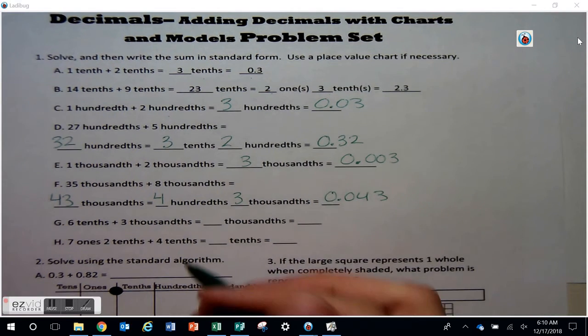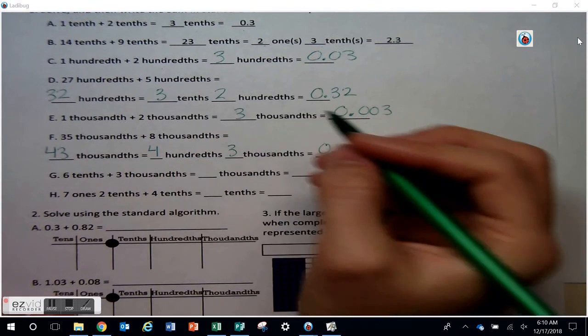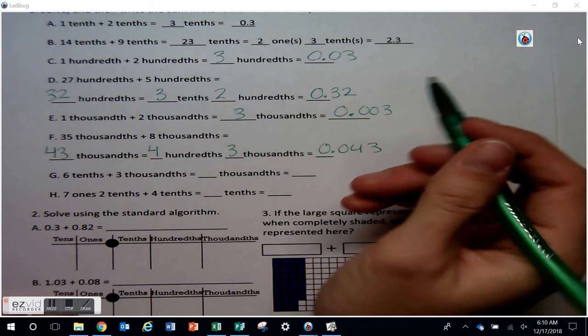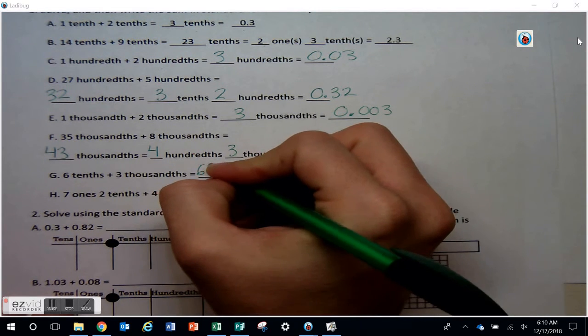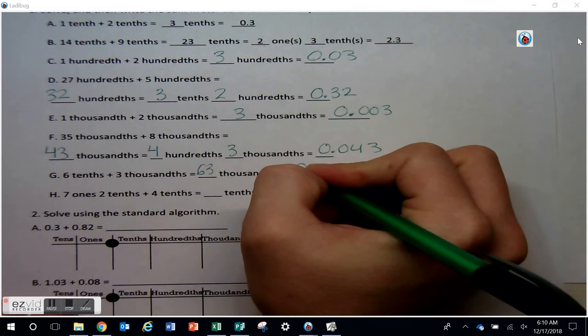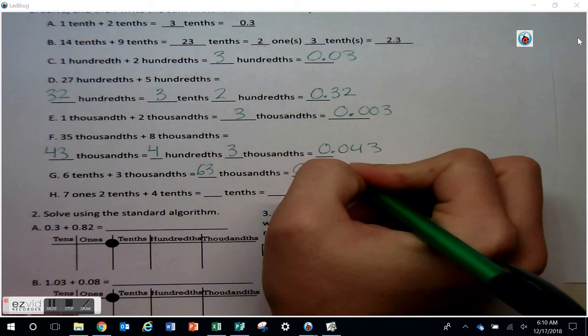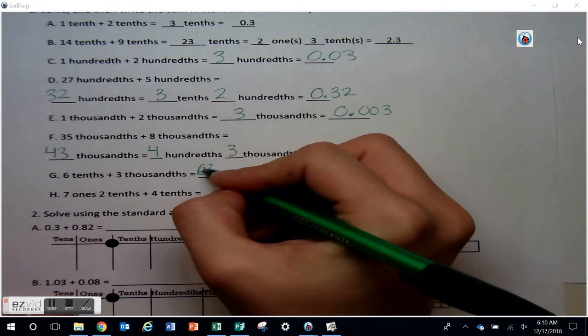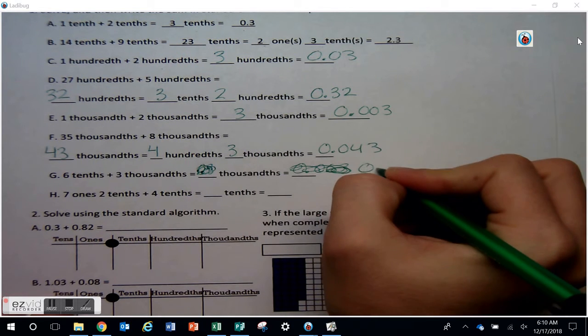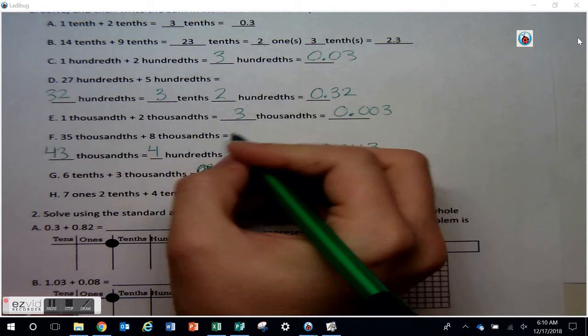6/10ths plus 3/1000ths gives me, it says blank thousandths, gives me 63/1000ths. Oops, I lied. It might be easier for us to actually write it out, huh? 603/1000ths.